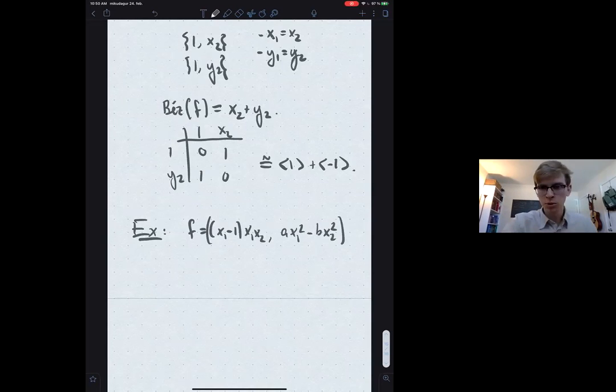Okay, so this is going to be our morphism. And I'm going to assume a, b are in K, they're not 0, and a over b is not a square in K.